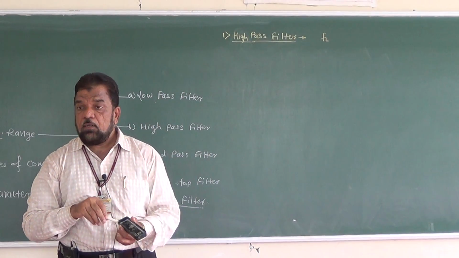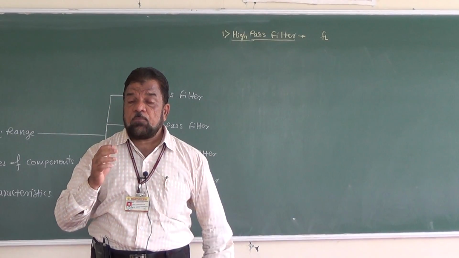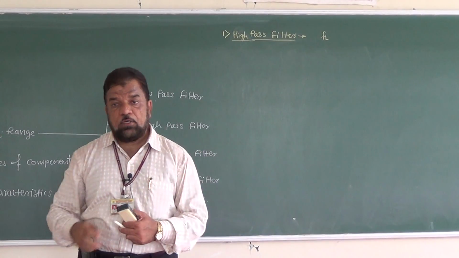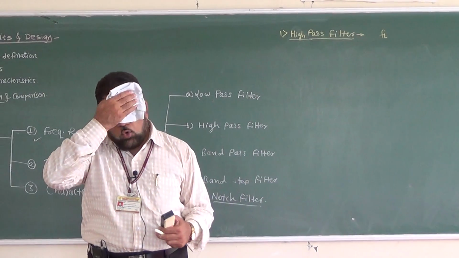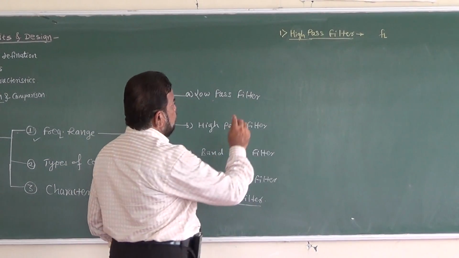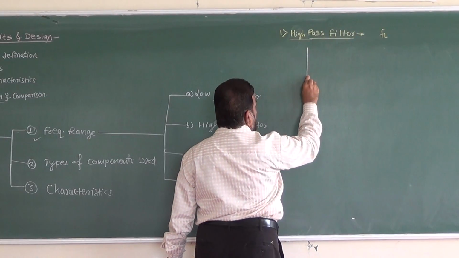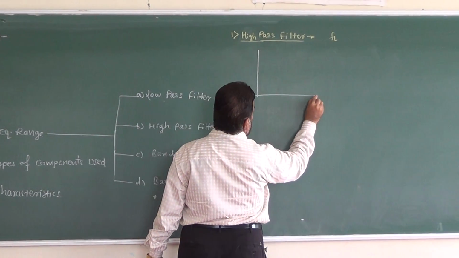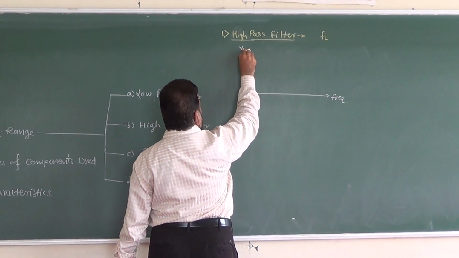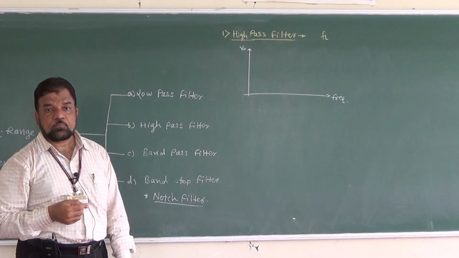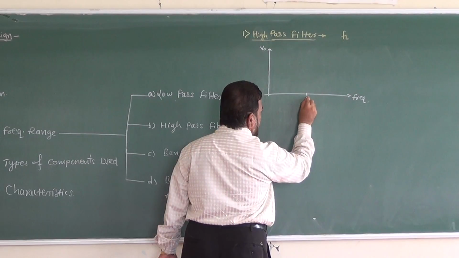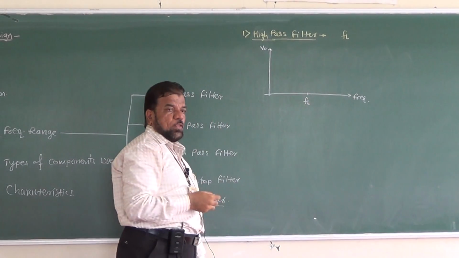A filter circuit which transmits the frequencies from FL onwards is called a high pass filter, where FL is the lower cutoff frequency of the high pass filter. Now if I want to draw the waveform, once again we will prefer that frequency response. So this is the graph of output voltage or gain versus frequency, right? So here the point is FL, what is FL?